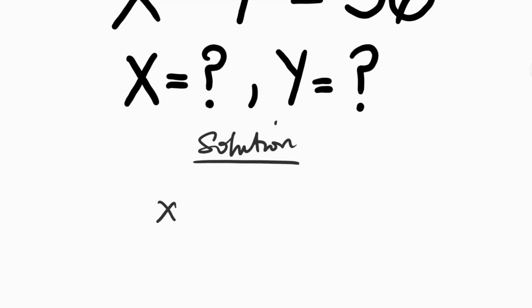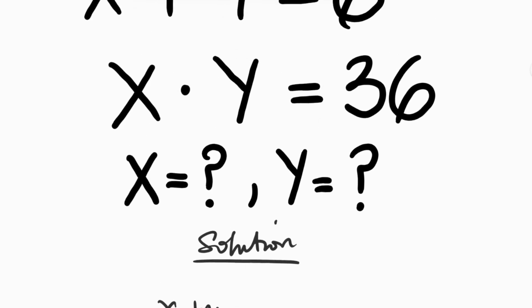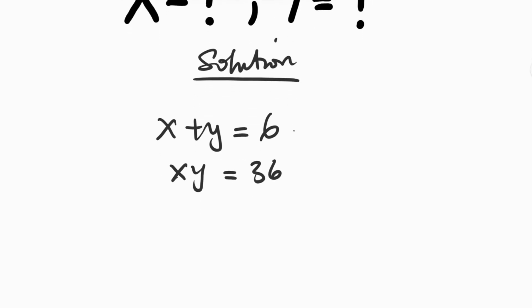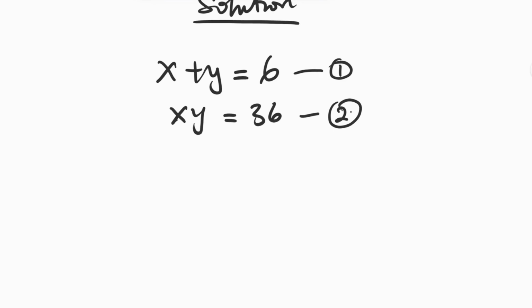So we have x plus y equals 6, and then xy equals 36. This is our equation 1, equation 2. Let us work with equation 1, x plus y equals 6. The first thing to do would be to subtract either x or y from both sides.